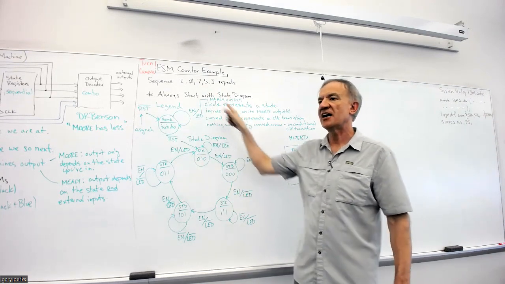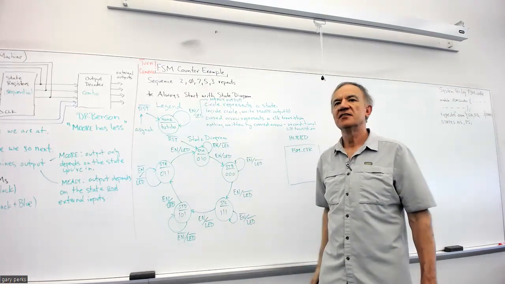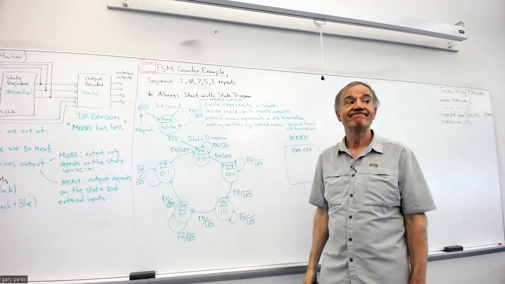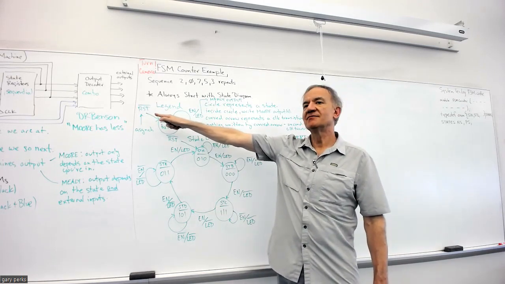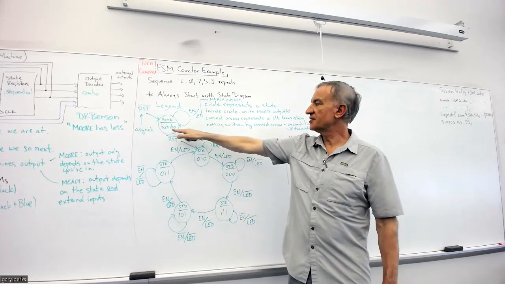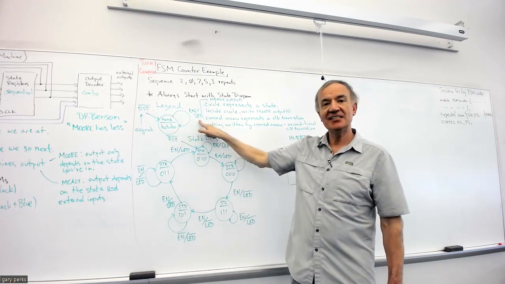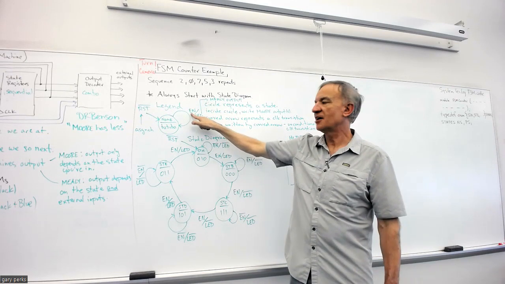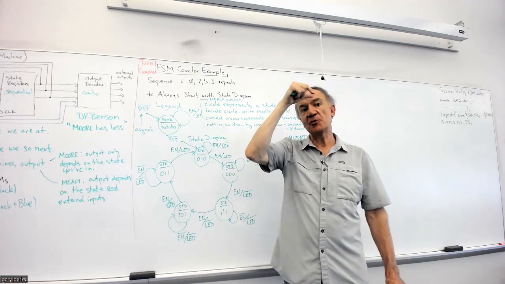What inputs do we have here? Is reset an input? Is what's inside the circle? No, that's an output. Is LED an input? No, that's an output. How about enable? That's an input. So reset and enable are both inputs.